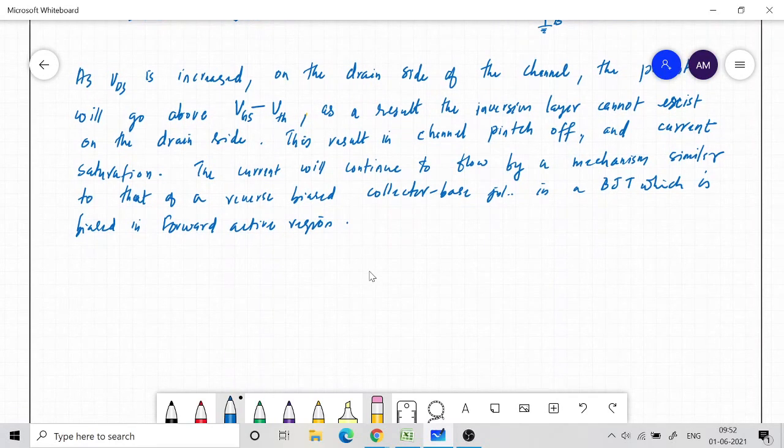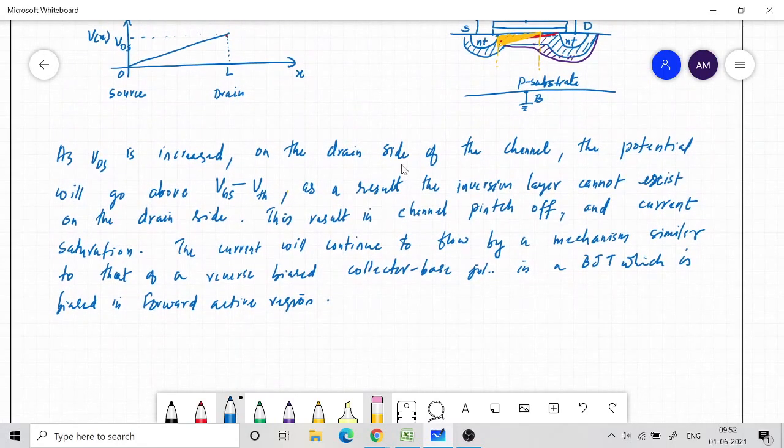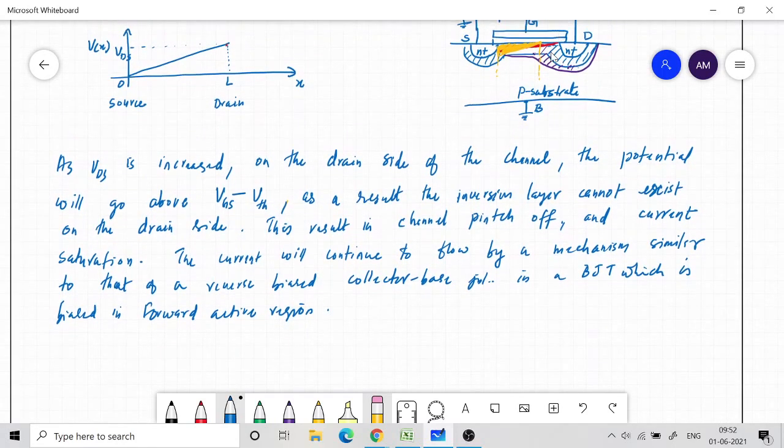When you apply a larger voltage, you have a larger current, but that will not happen now, because whatever extra voltage you continue to apply, mostly that is going to be dropped across the depletion region, not in the channel where the inversion layer is. Only if the voltage is dropped more and more in the inversion layer can the current be increased. But there are some second order effects that we will come into a little later.